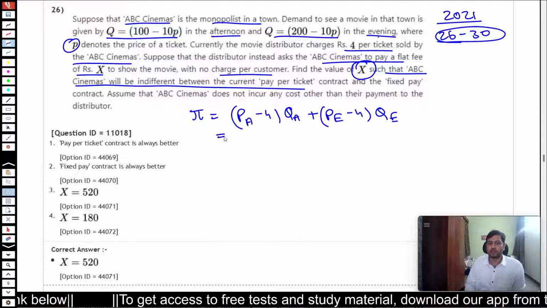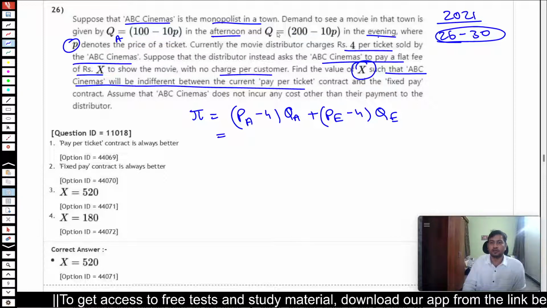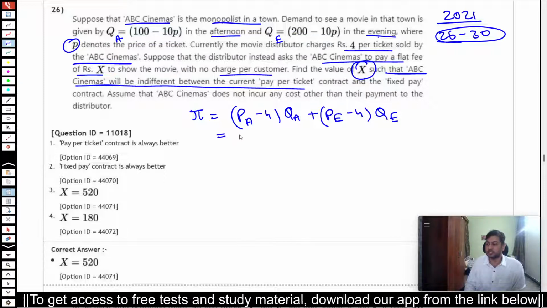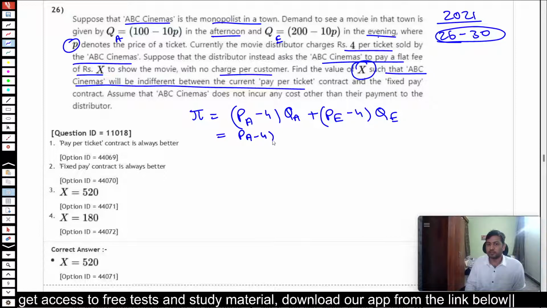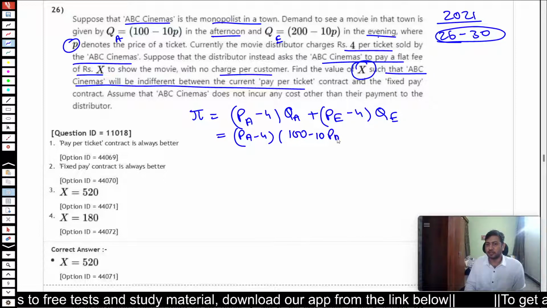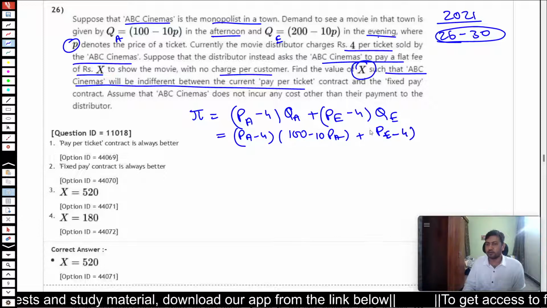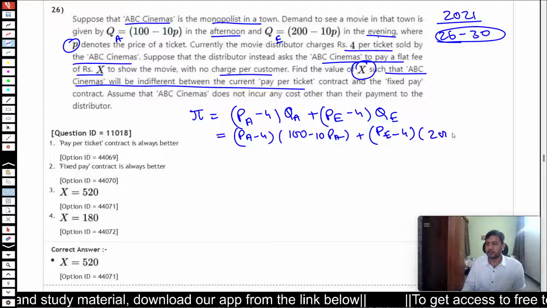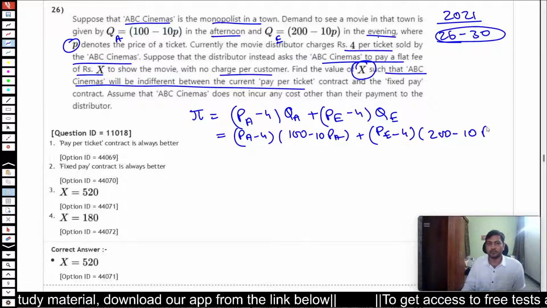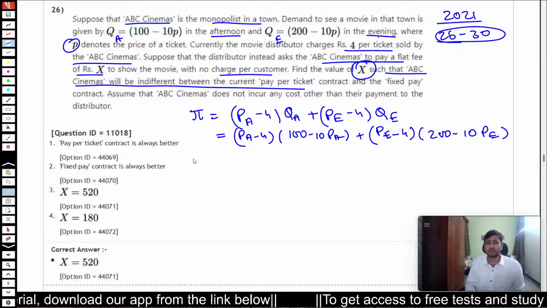So this is QA and this is QE, right? So when I substitute these values, it's going to be PA minus 4 into 100 minus 10 PA plus PE minus 4 into 200 minus 10 PE, right?